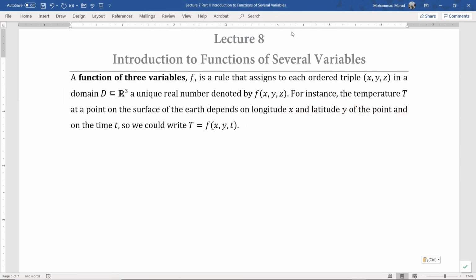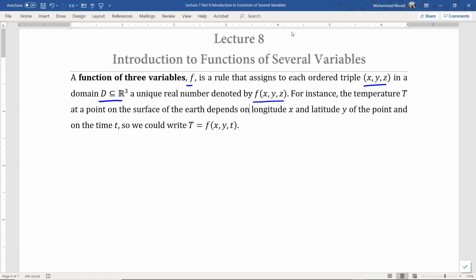Similarly, a function of 3 variables, f, is a rule that assigns to each ordered triple (x, y, z) in a domain D, now a subset of R3 space, a unique real number denoted by f of x, y, z.